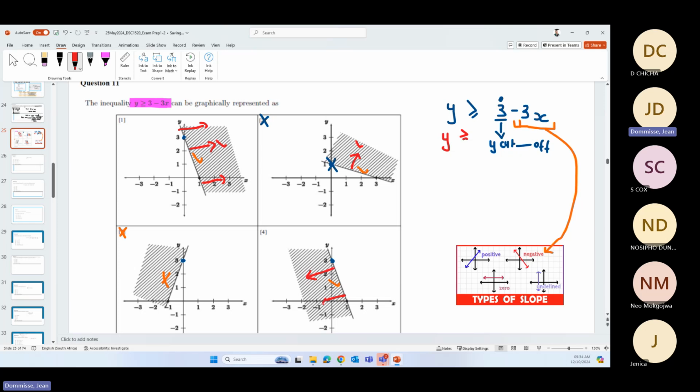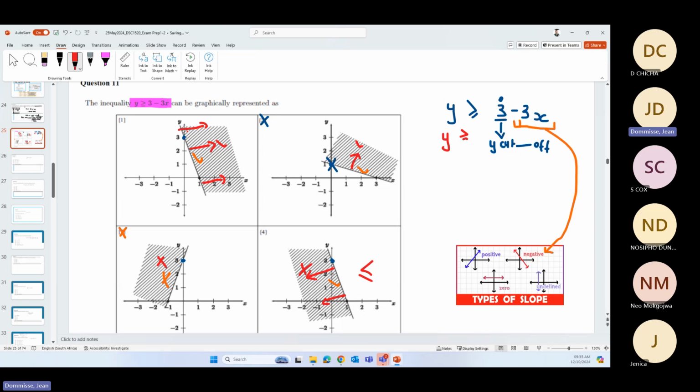So this would have been y smaller or equal to, which is wrong. This one would have been a strange one because that is bigger, but it's negative. So let's just say that's also wrong.